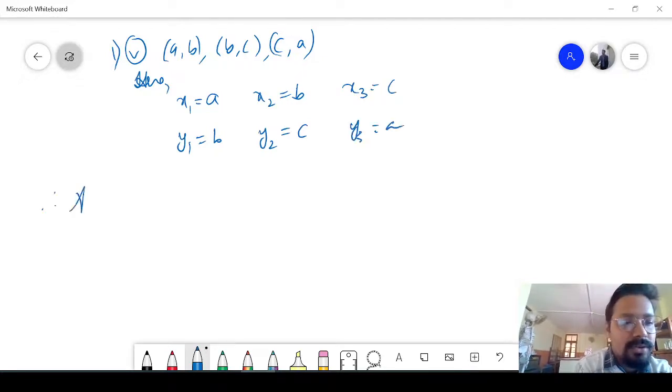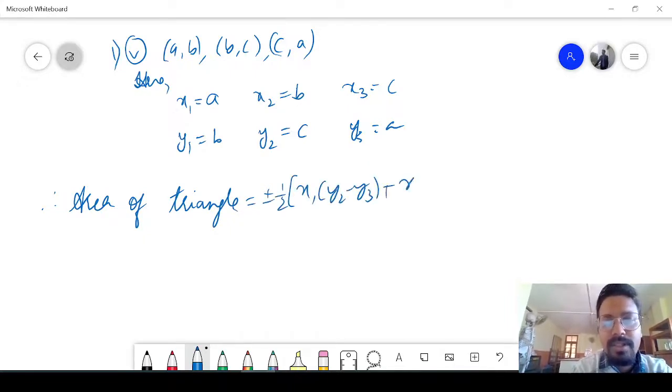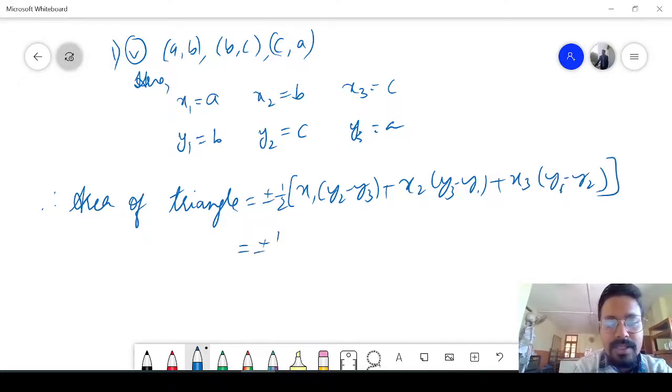So therefore area of triangle is equal to plus minus half into x1 (y2 minus y3) plus x2 (y3 minus y1) plus x3 (y1 minus y2). Put the values, plus minus half.